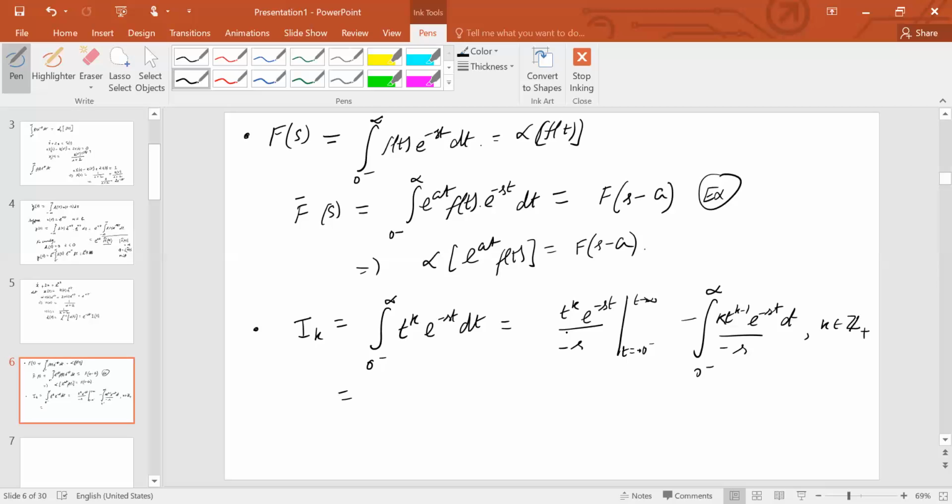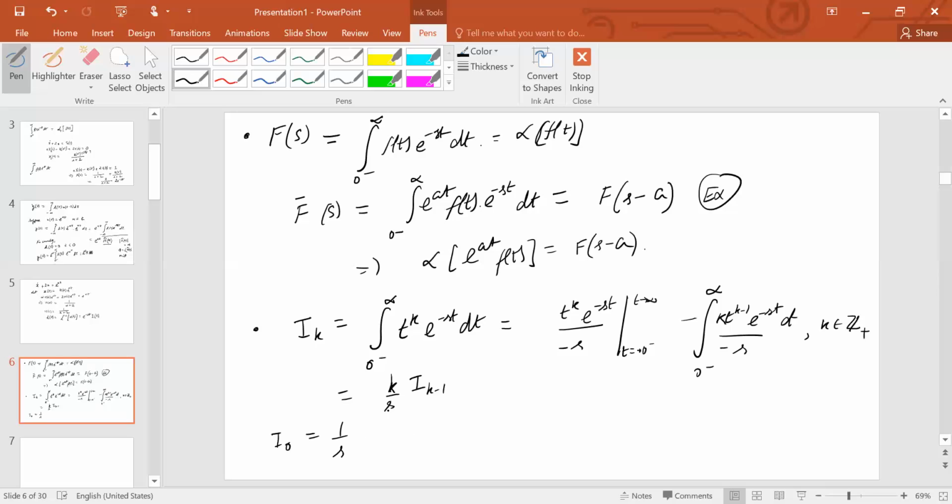So you can check that this particular term, when t tends to infinity, goes to 0. When t is equal to 0, then due to this, it goes to 0. So this vanishes either way. All that you'll be left with is k over s times I_(k minus 1). It's a recursive relationship. Now for the special case I_0, you already know that it is 1 by s.